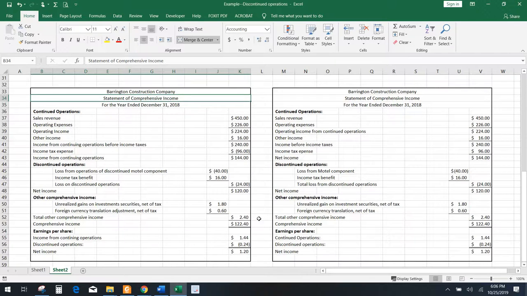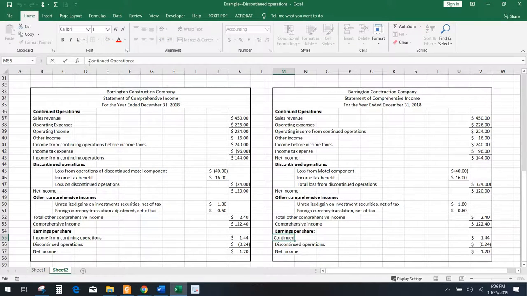Other comprehensive income, correct. Comprehensive income. I'm just making sure I didn't label anything incorrectly because I don't want to get these out of order. Income from continued operations, and then this says continued operations, but I guess I can put income in there. And then discontinued operations 24, and we get a net income of $1.20 per share.